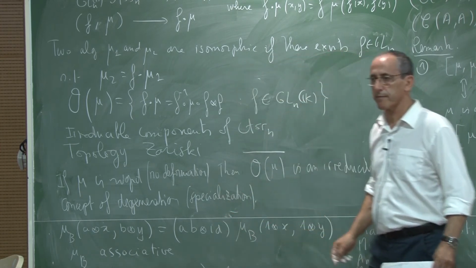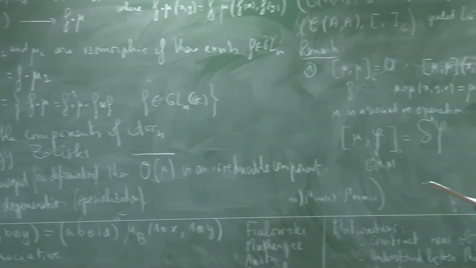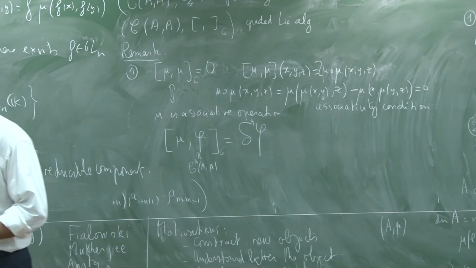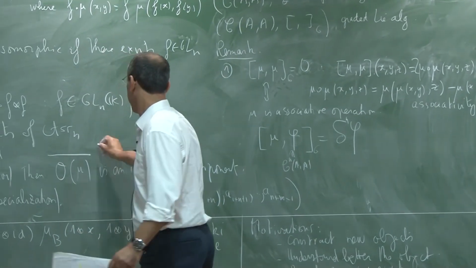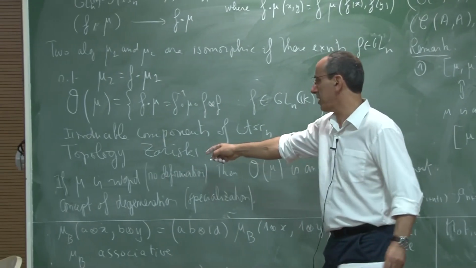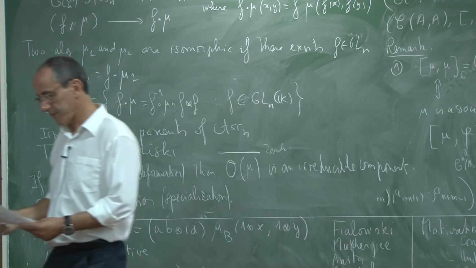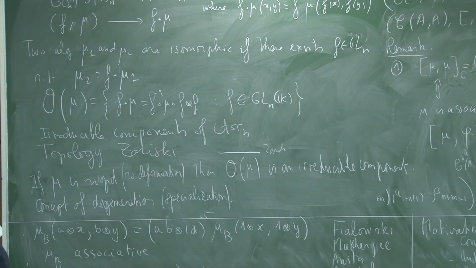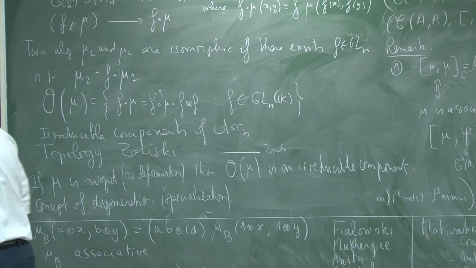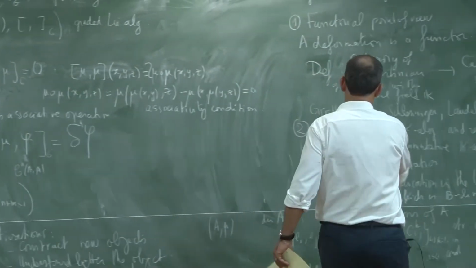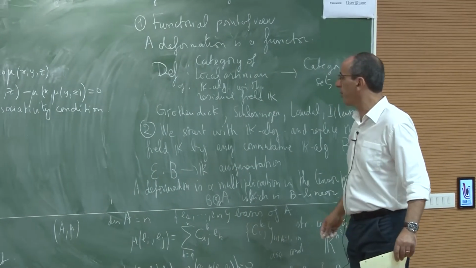Okay? Now maybe I can try to give a definition. Zariski closure, basically. Yes, this is the Zariski closure. Now, we will not use the second approach, but we will use a third approach.